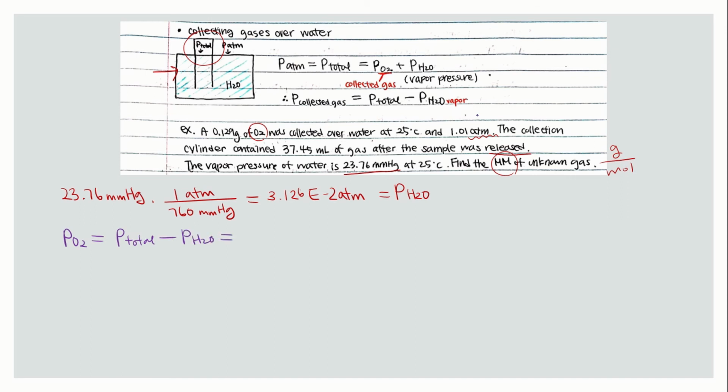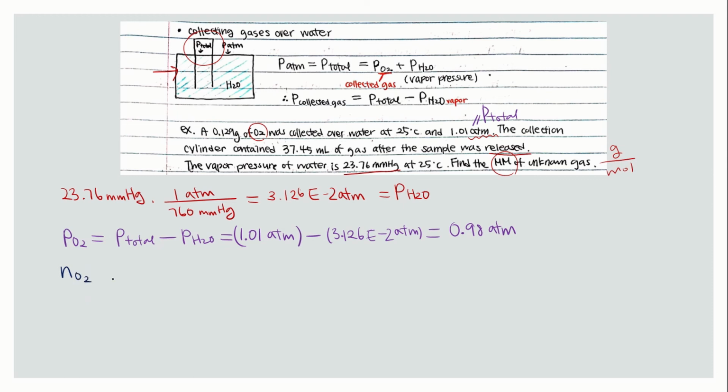And total pressure equals the atmospheric pressure, which is 1.01 atm, minus the vapor pressure we got in atm, 3.126 E-2 atm, equals 0.98 atm.